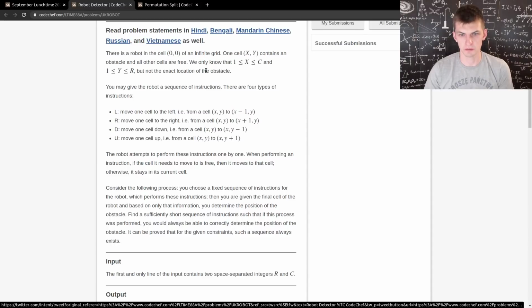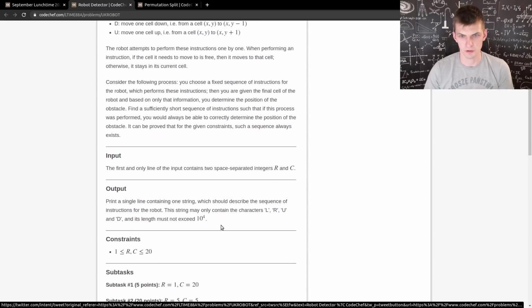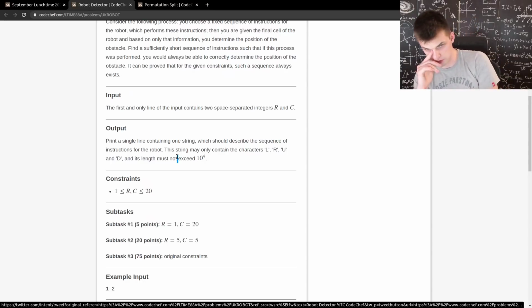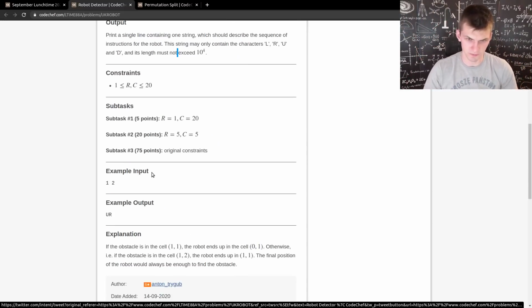Infinite grid. The length of my output is up to this. That's like R times C. That's 400. I can have R squared times C if I want.